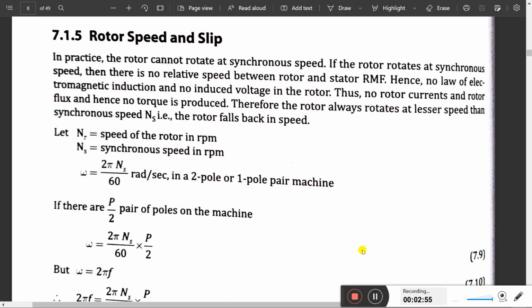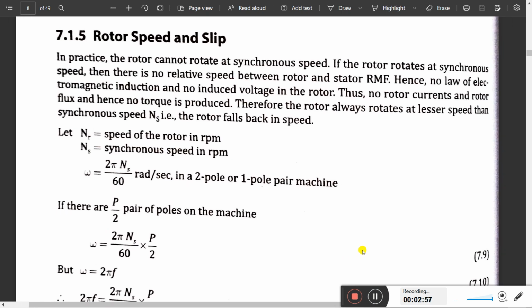Now observe here rotor speed and slip. We know omega, the angular speed, is equal to 2 pi Ns by 60, and if there are P by 2 pole pairs, we can directly write omega is equal to 2 pi Ns by 60 into P by 2. As we know, angular frequency omega is equal to 2 pi f.